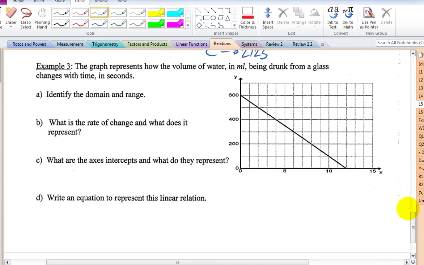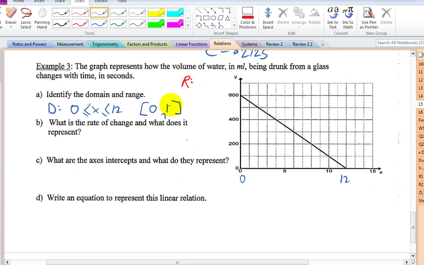Okay, quickly read the graph, answer the questions. What's the domain? What's the range? The domain you can write as an inequality, and also using your brackets. And then you can do the same for the range. So for the domain, x is between 0 and 12.